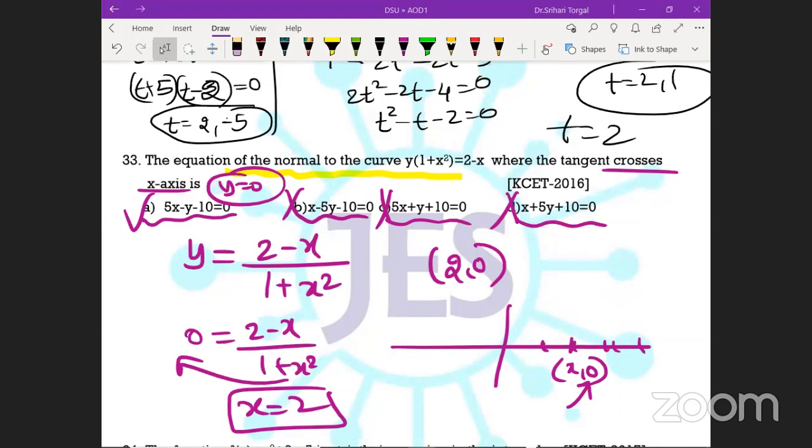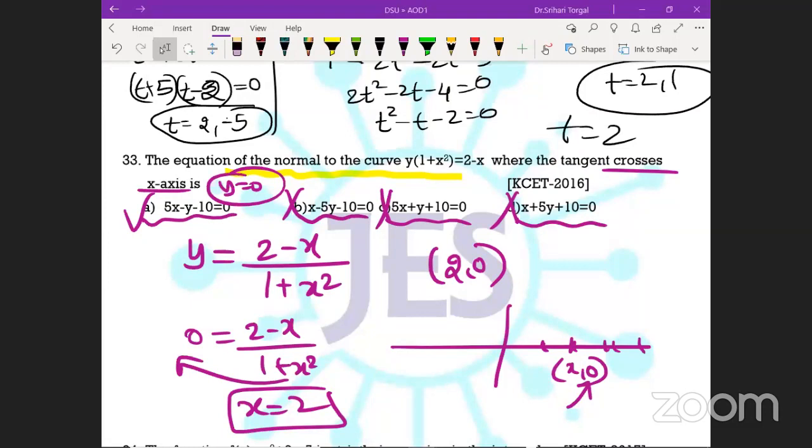Yes, Amrita. Sir, when you take y as 0, x can also be 1, no, sir?